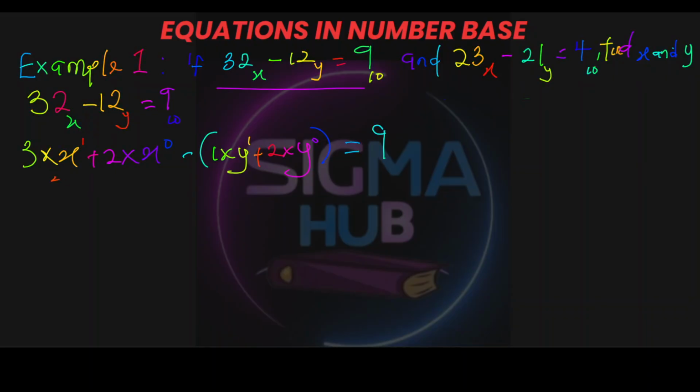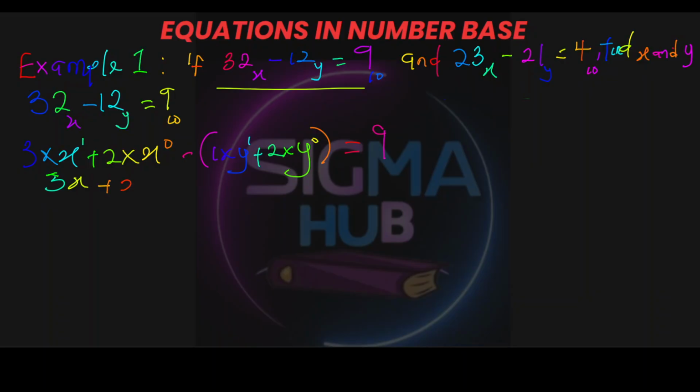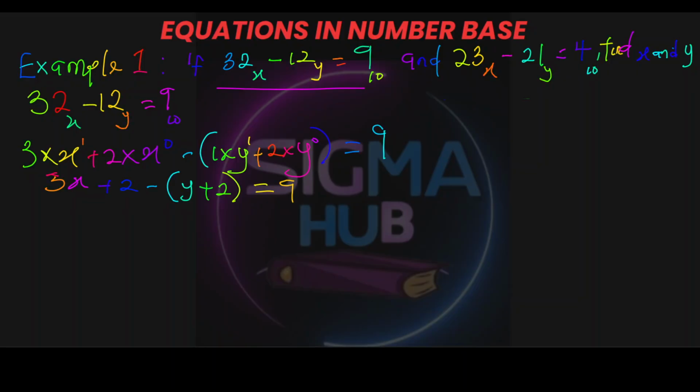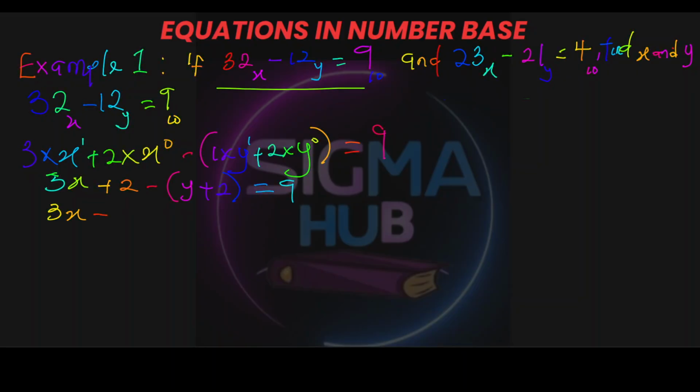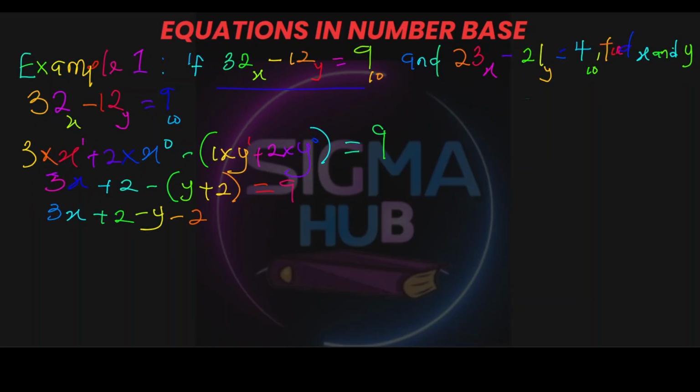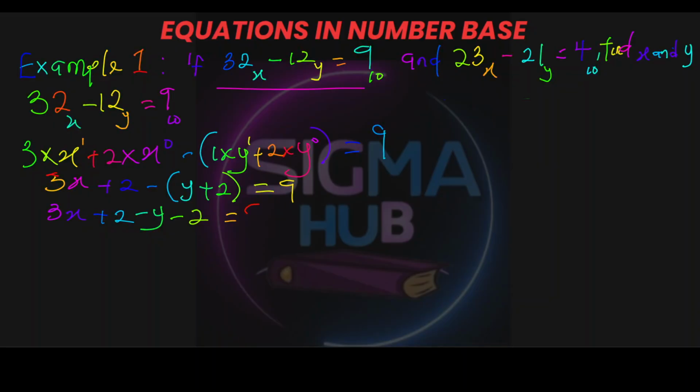So we have 3x plus 2 minus y plus 2, everything equal to 9. Then in order to remove our bracket, we have 3x plus 2 minus y minus 2, everything equal to 9.